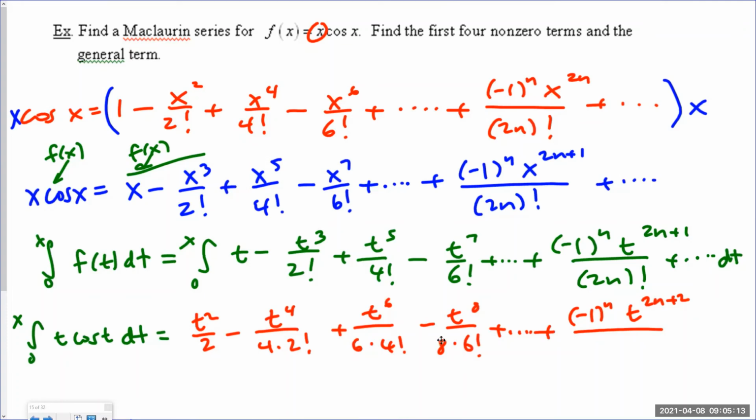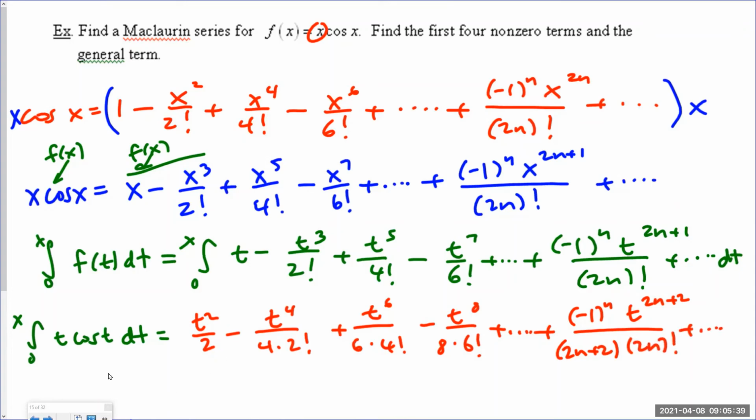On the bottom, do I see I got this extra 8 and this extra 6 and this extra 4? What number is that on this general term? Okay, so it's the same number as whatever is up here, right? So 2n plus 2. And then this 6 factorial, 4 factorial, 2 factorial, do you see that that didn't change, right? So this is going to be times 2n quantity factorial plus dot, dot, dot.